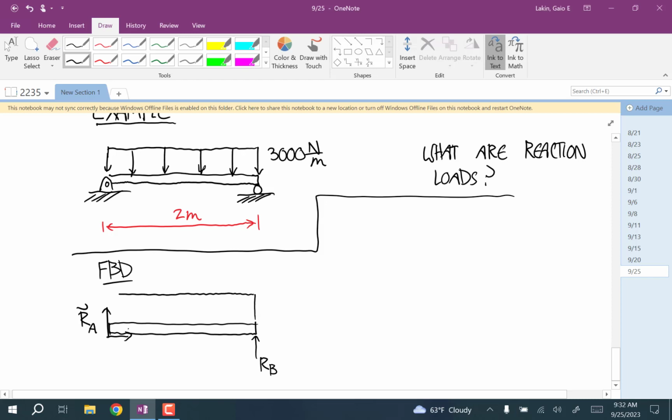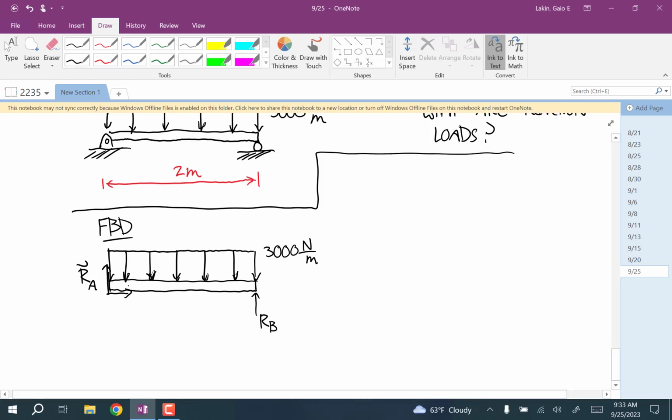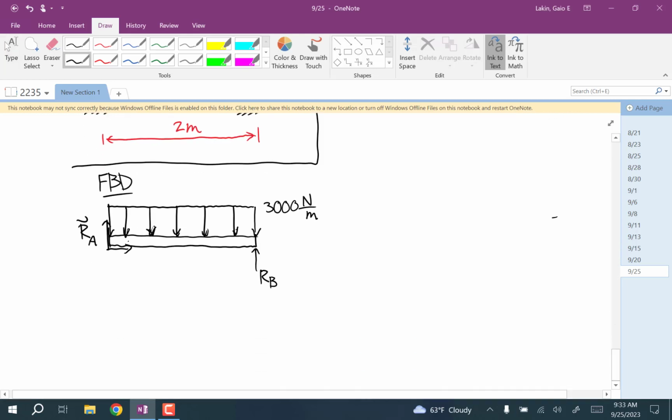I'm going to start by drawing that again just as a distributed load. But before we do the calculation, we'll have to represent that as a point force. Okay, so the centroid of that shape and the area of that shape. So this is a rectangle, this shape.